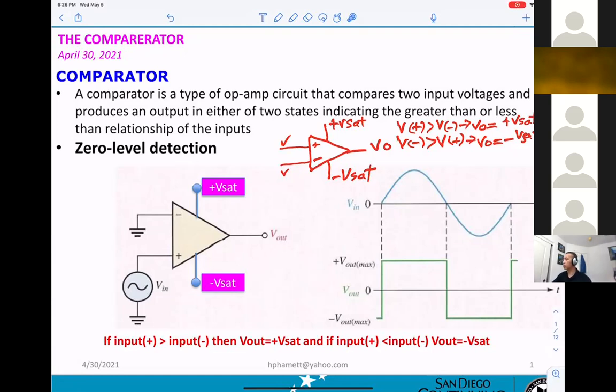When you're looking into op-amp circuitry, you need to identify whether this is a comparator, an inverting amplifier, non-inverting, or differential amplifier. How do we recognize a comparator?